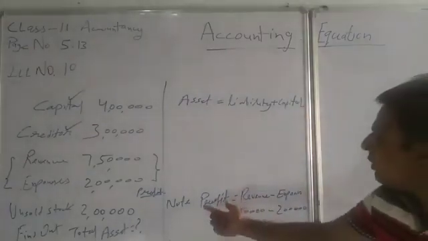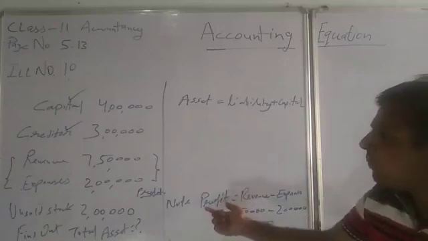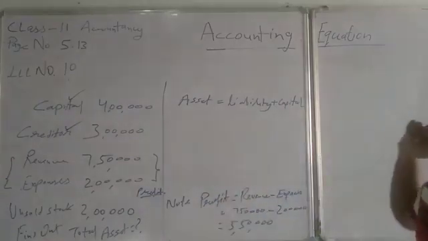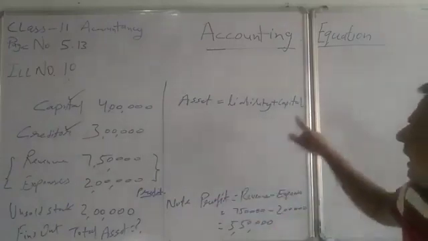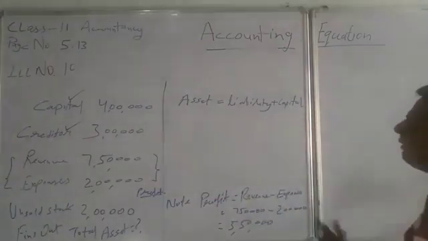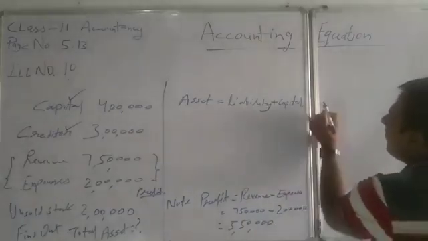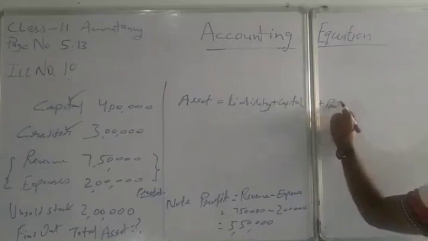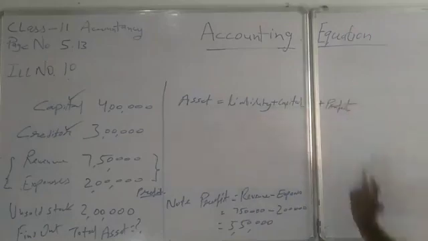So here also, whenever the profit comes, it will automatically be added to the capital. So either I will add this profit in capital or I will write plus profit.